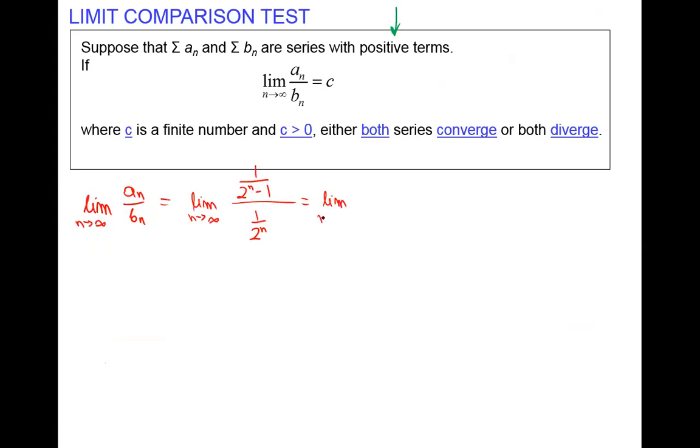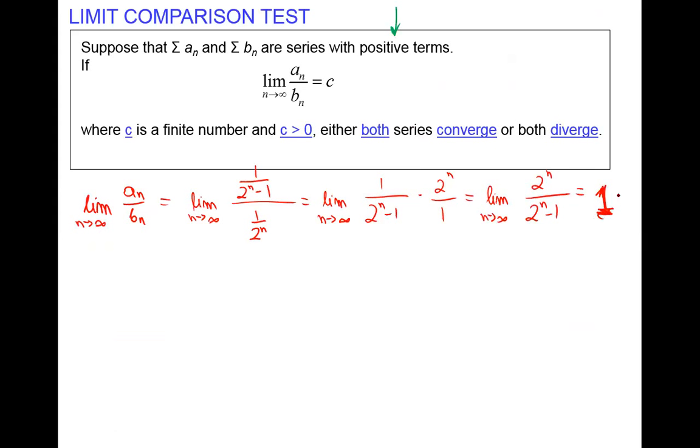Let's simplify because it doesn't look good. 1 over 2 to the n minus 1, dividing by 1 over 2 to the n, is multiplying by 2 to the n over 1. So it's 2 to the n over 2 to the n minus 1. Do you know what this limit is? The same function on the top, the same function in the denominator, no leading coefficient, 2 to the n over 2 to the n, it's 1.